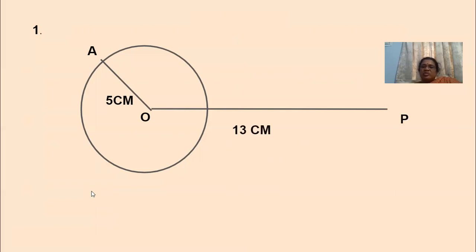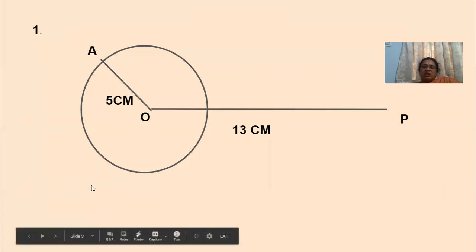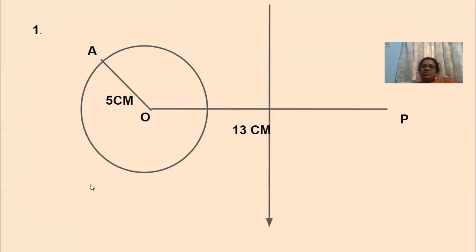Now the third step is we have to draw the perpendicular bisector for this line segment OP. For this, we have to take more than half of this line segment. That is, this is about 13 centimeters.